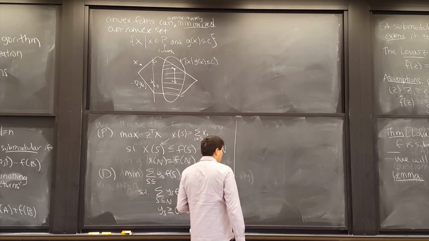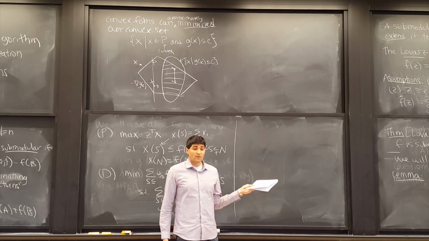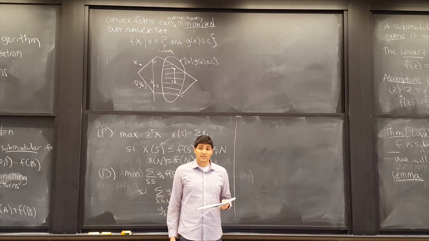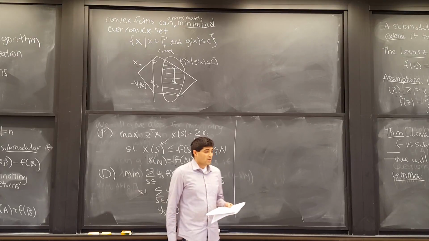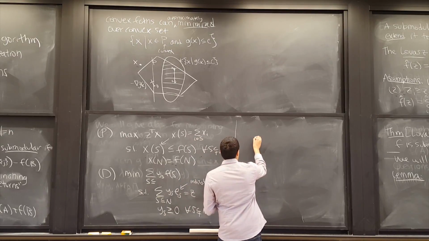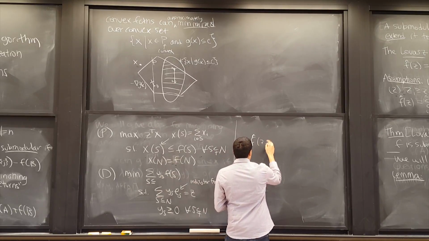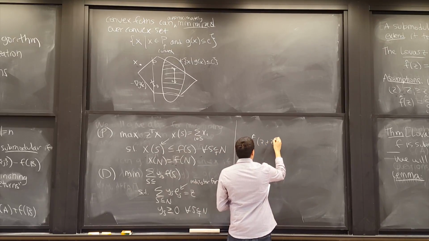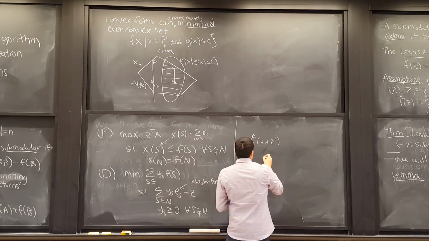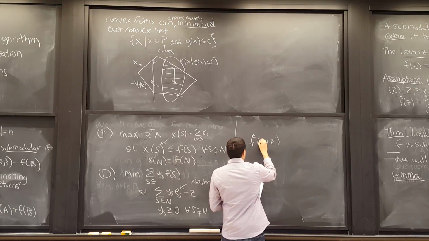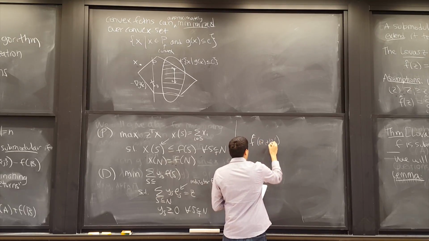Now what I claim is that, at least modulo this lemma, we can finish the rest of the proof. So why, if we had this lemma, would we know that f hat is convex? The idea here is that we plug in two different values, Z and Z prime, and take their average. So let's put a 1/2 in front of these.